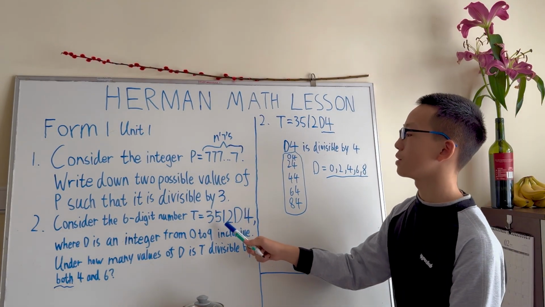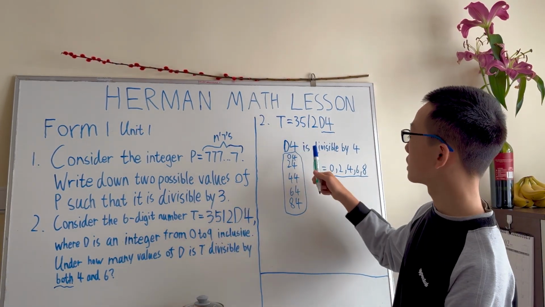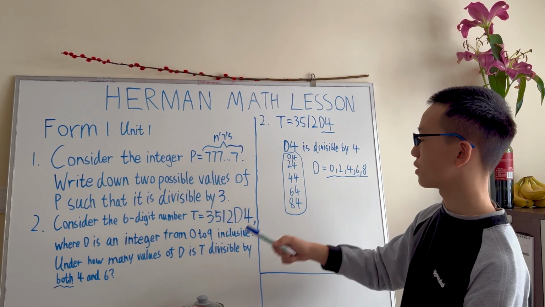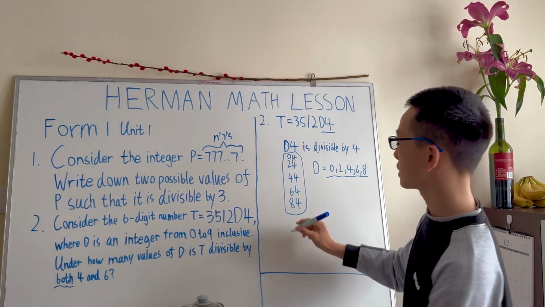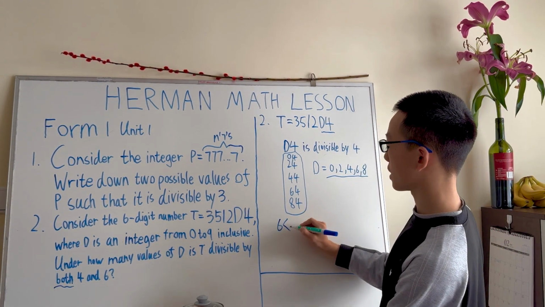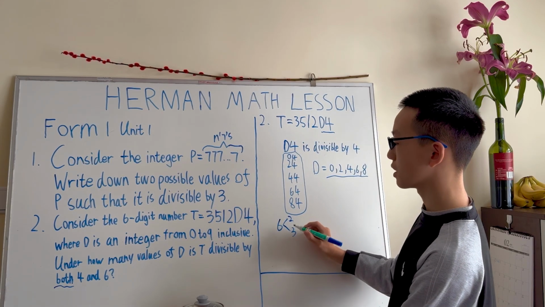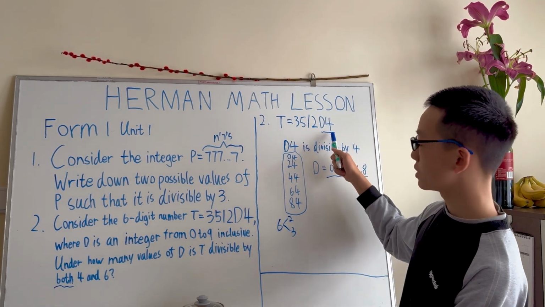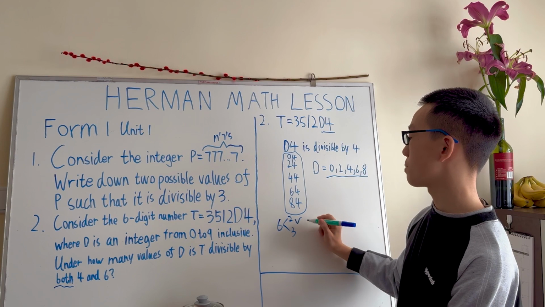And when we look at the divisibility test of 6, 6 is divisible by 2 and 3. The last digit is 4, so it's divisible by 2.